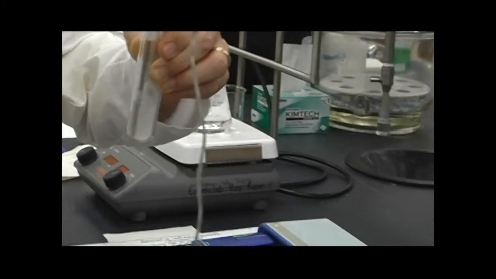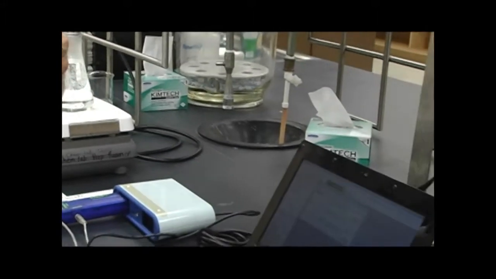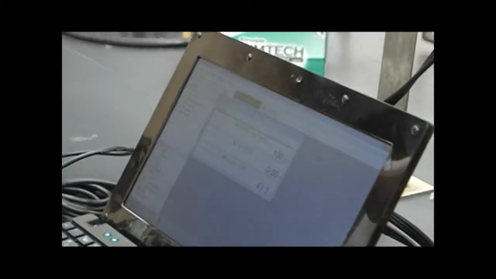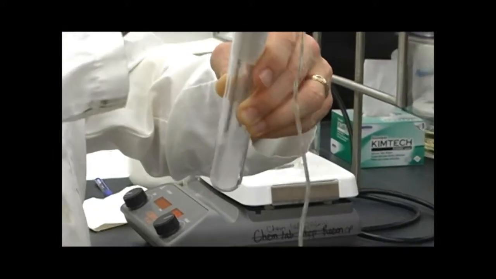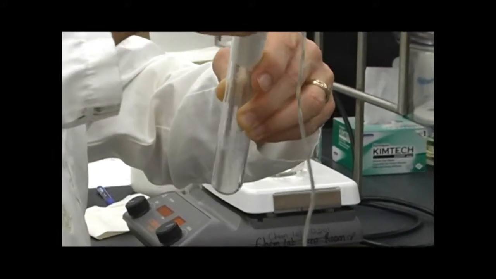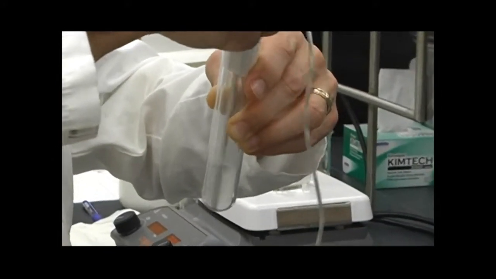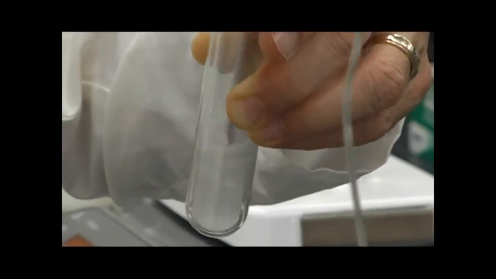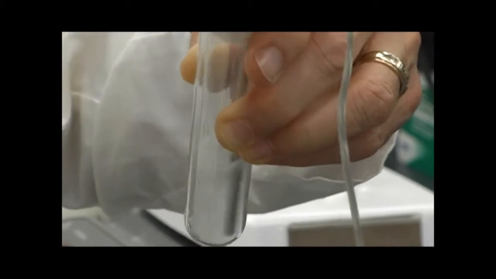So I'm going to continue to stir it. And it's still at 43.5. So another 30 seconds have gone by. It's still at 43.5.